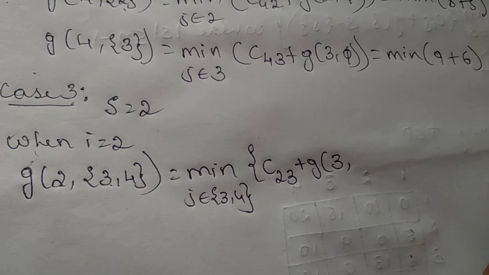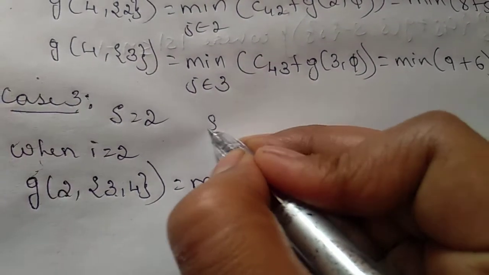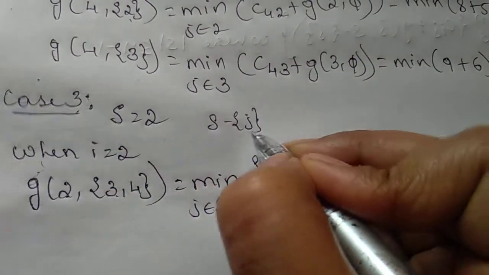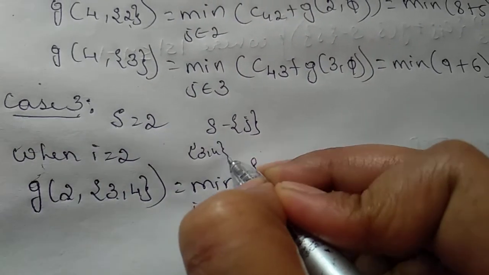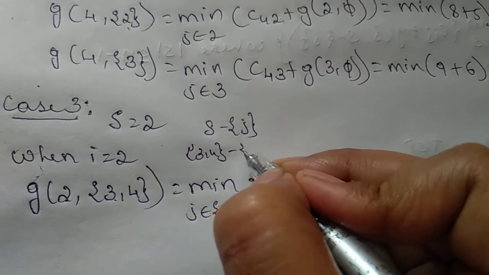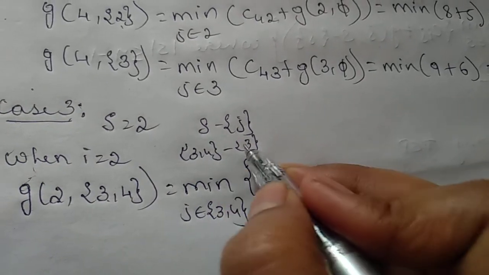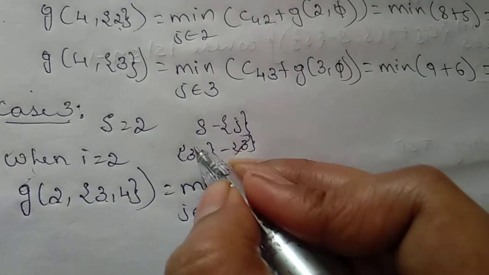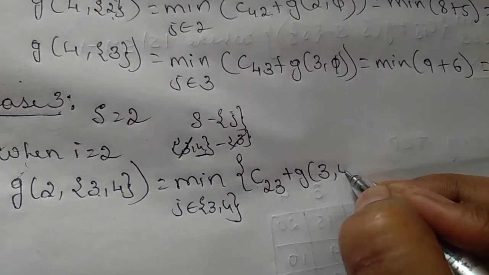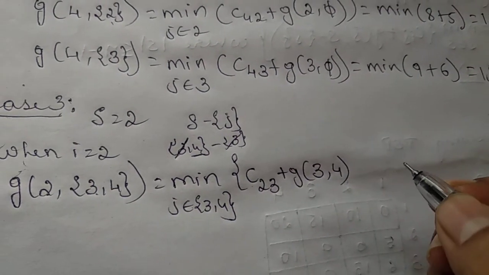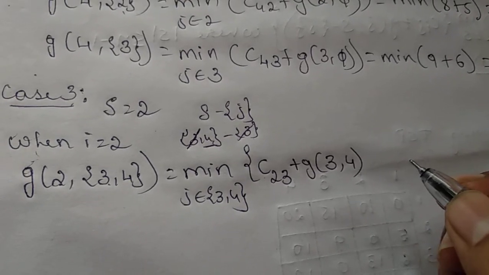Then now s minus j. What is s minus j? S is 3 comma 4. J is 3. From this set, if I just remove 3, then what will be remaining? 4. So I'll get 4 over here. Now you have understood, I think, what is the concept of s and j.